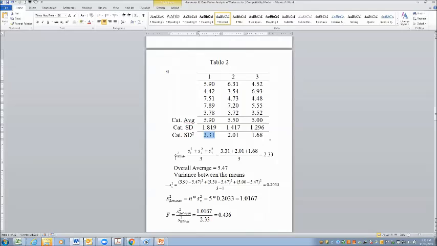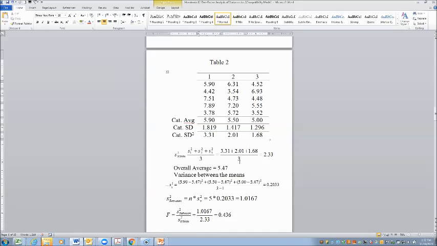We want to come up with the within variance. Well, under the assumption that the underlying population averages are all the same, and the standard deviations and the variances are all the same, each one of these sample standard deviations from each of the three columns is an estimate of the underlying population standard deviation or underlying population variance.